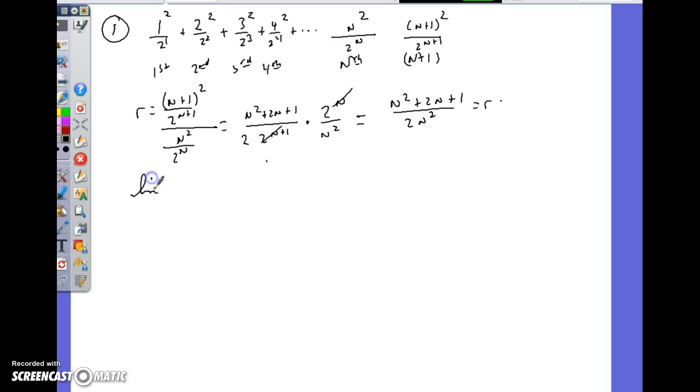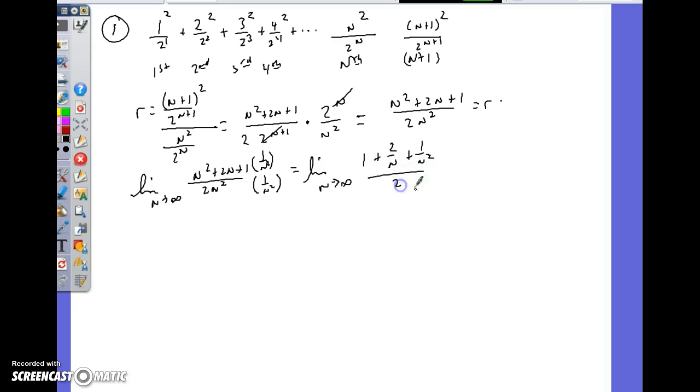Then I'm going to take the limit as n approaches infinity of my ratio, which is n squared plus 2n plus 1 all over 2n squared. Divide by the highest power of n I find anywhere in here. Looks like 1 over n squared would do the job. That gives me the limit as n approaches infinity of 1 plus 2 over n plus 1 over n squared all over 2.